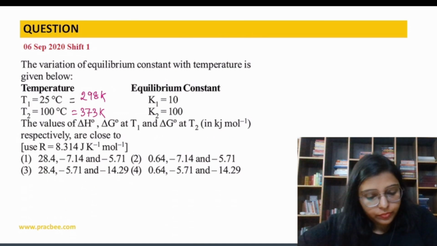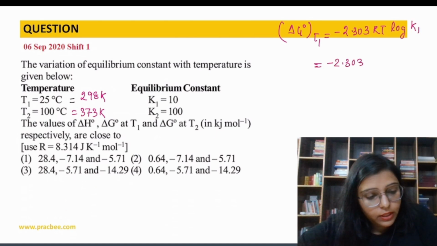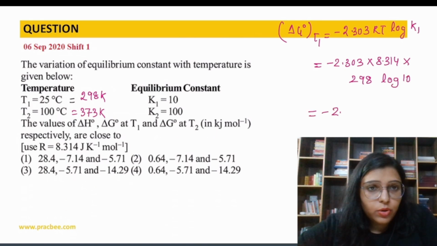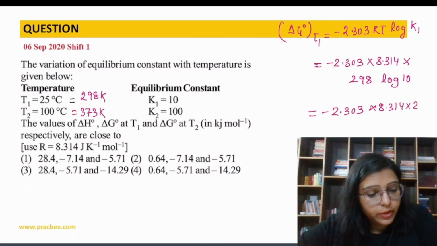See, delta G naught at T1 temperature, how to find? Minus 2.303 RT log K1. So minus 2.303 into 8.314, temperature 298 and log 10. Log 10 is equal to 1. So minus 2.303, 8.314 into 298.